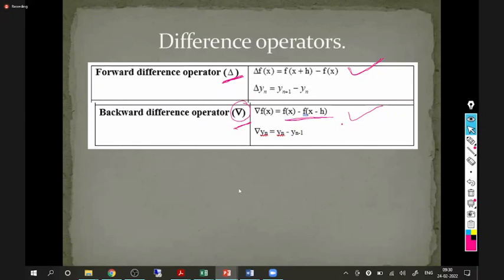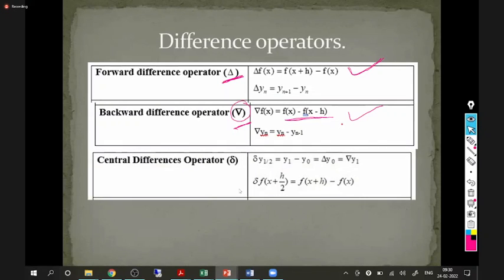Come to the third operator. Third operator is a central operator. Remember, these first two operators are very important for us. Central operator will not be required that much, because in our syllabus it is given just to introduce the central operator, but central interpolation is not part of our syllabus now, so this will not be required anywhere.